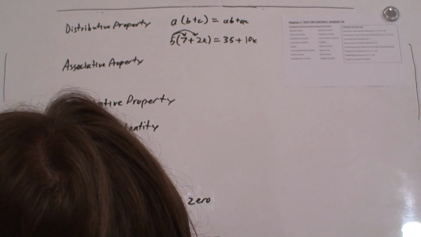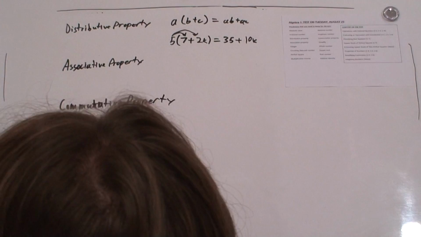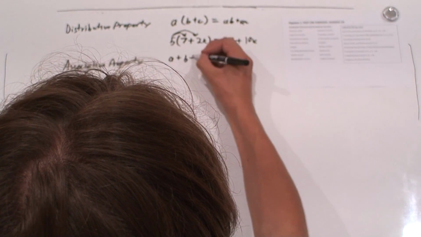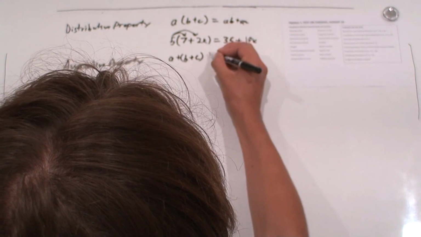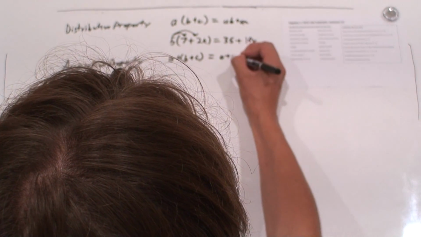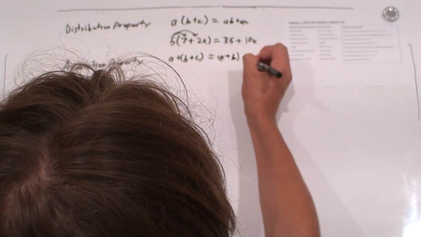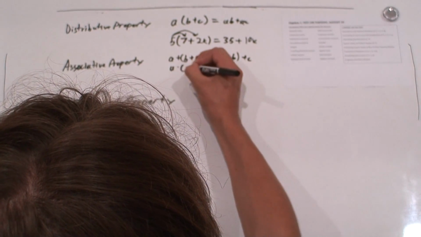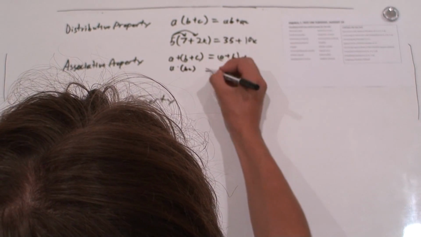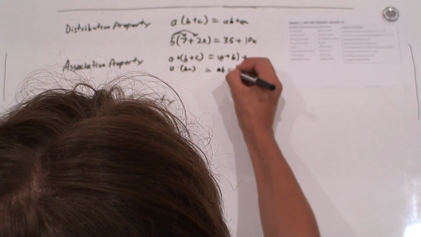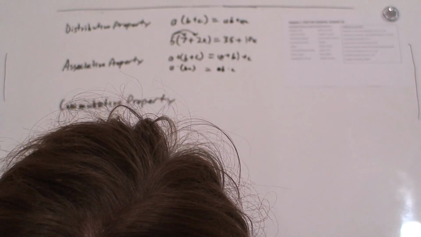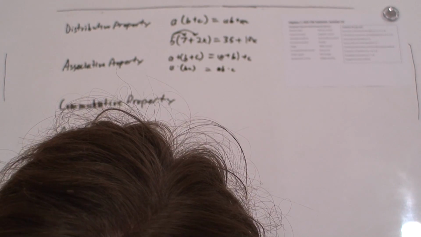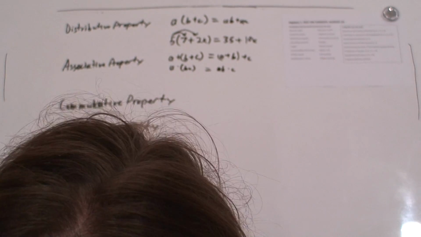Associative property states that (A plus B) plus C is the same thing as A plus (B plus C), or A times (BC) is equal to (AB) times C. What this basically means is that you can do addition and multiplication in any grouping you want.